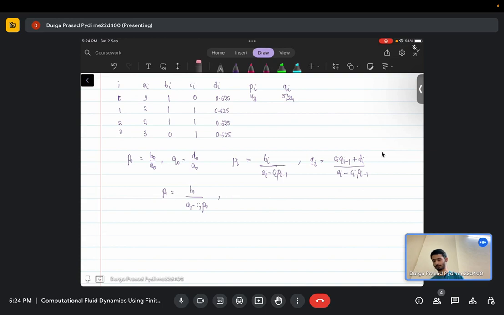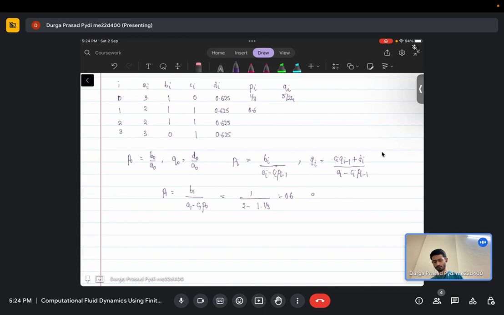Okay, first we calculate this one. P1 is essentially b1, which is 1, over a1 minus c1 into P0. So this is around 0.6.